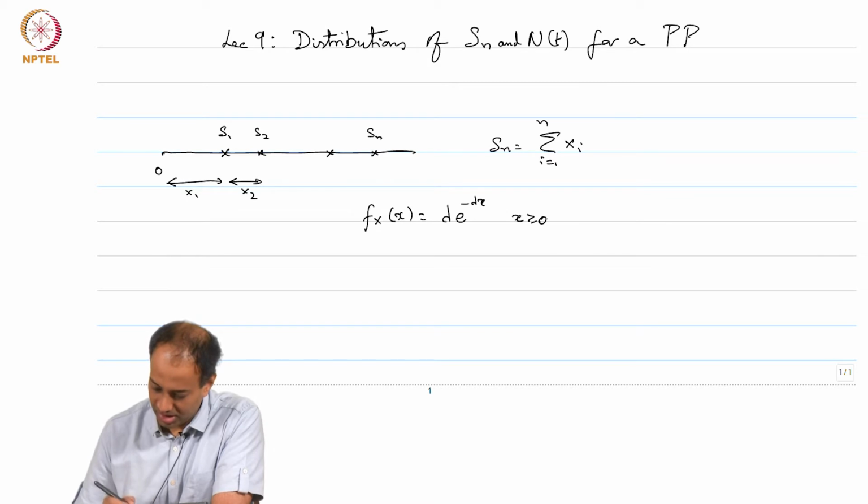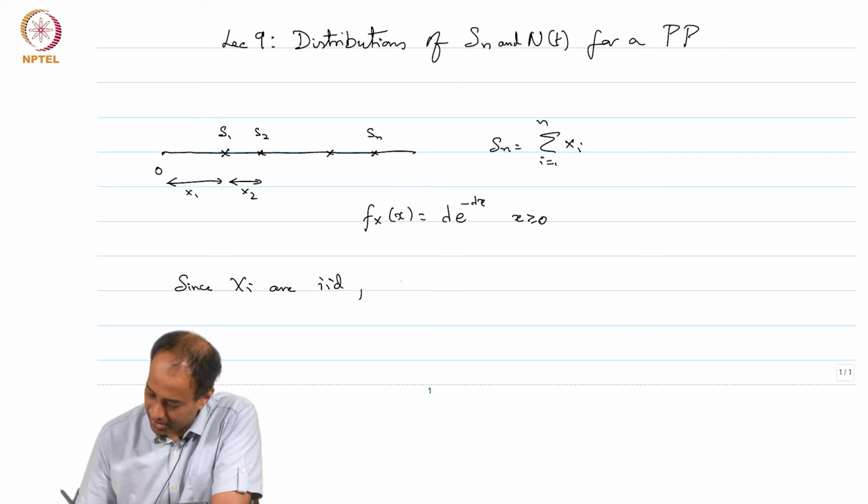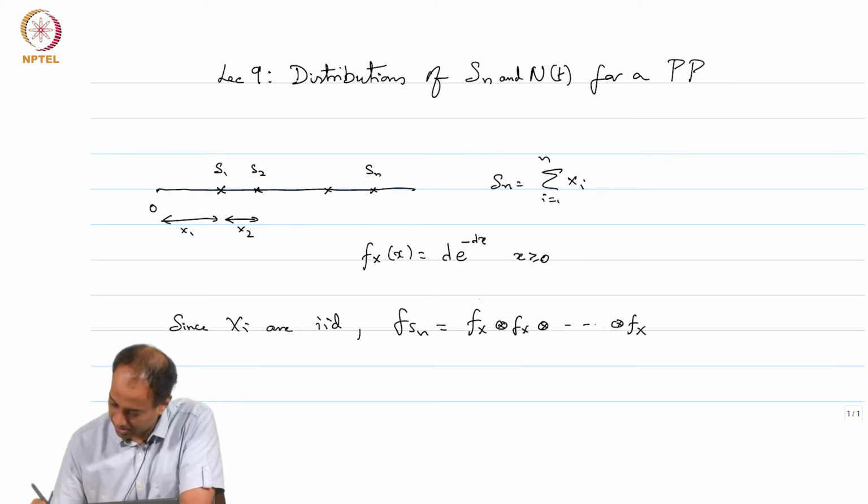And since the Xi's are IID, we can write fSn is equal to fX convolution fX convolution and so on, an n-fold convolution.